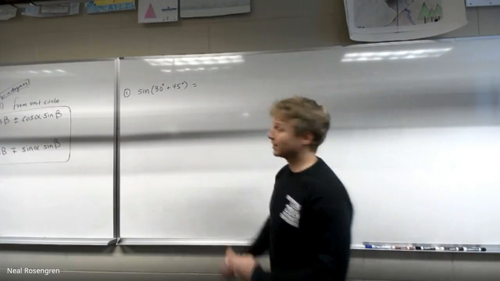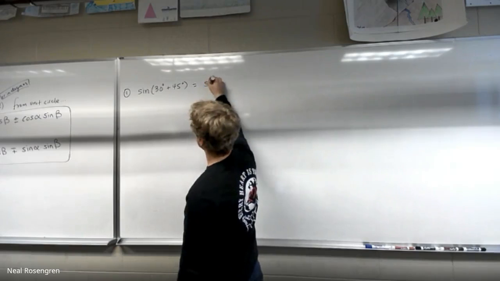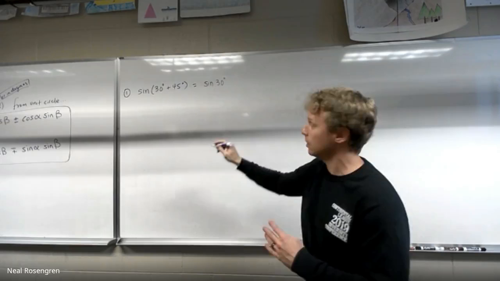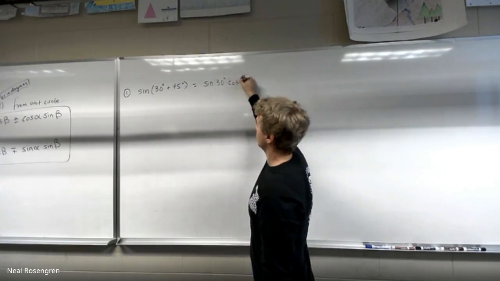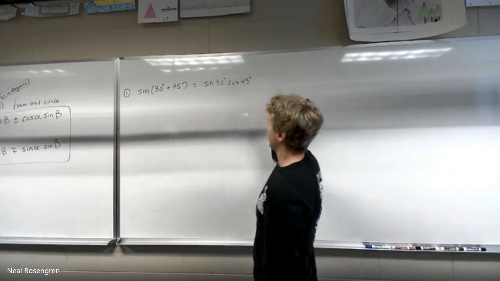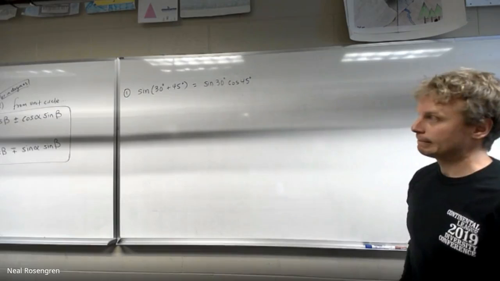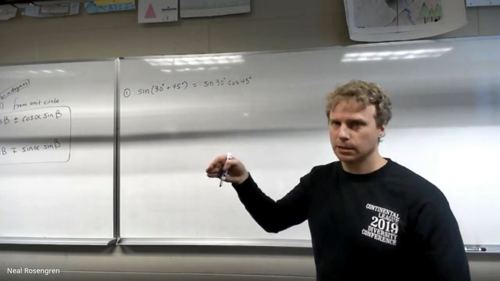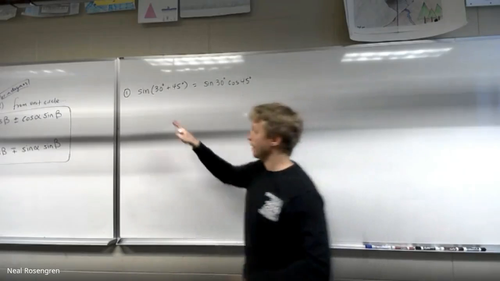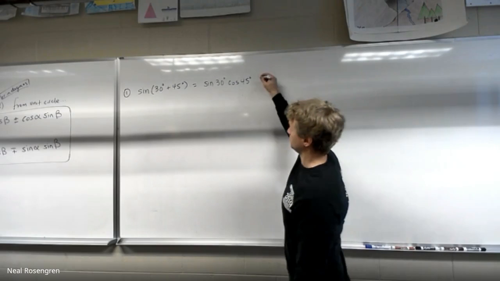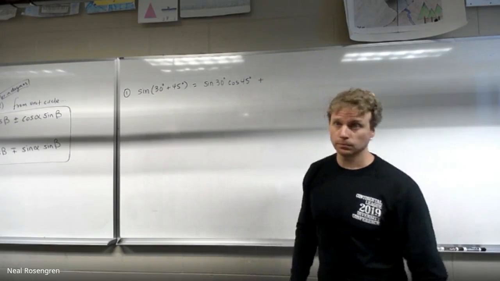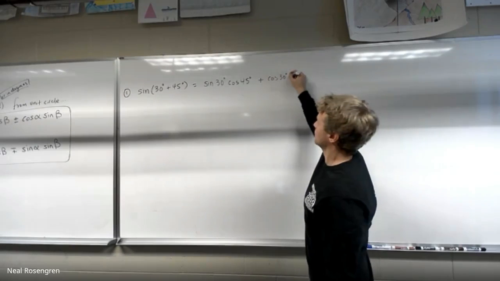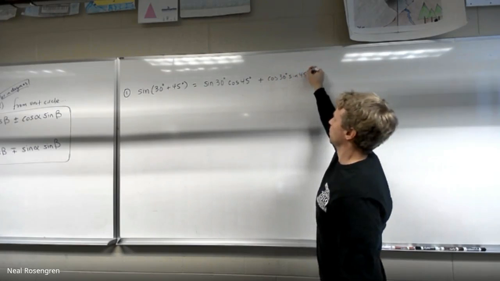And what the formula tells me is that I should be able to do sine of 30 degrees, right? Sine of alpha, cosine of beta, so cosine of 45 degrees. And because with the sine, it's plus or minus inside and plus or minus on the outside, I just match the sign, plus. Cosine of 30 degrees, sine of 45.